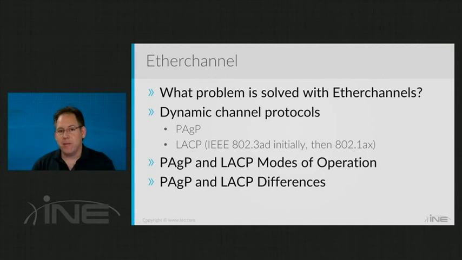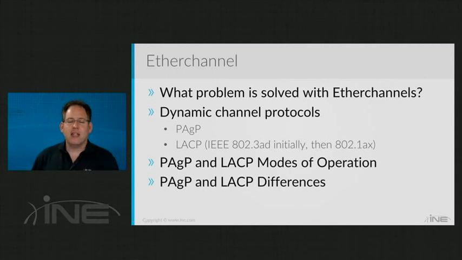With LACP, you still have a maximum of 8 active ports that can be bundled into an ether channel, but you can have other ports above and beyond that that are in standby mode. So that if one of your LACP active ports gets yanked out or something, one of your standby ports can immediately join the group and take its place. So there is no loss of bandwidth. So that's a big benefit of LACP.